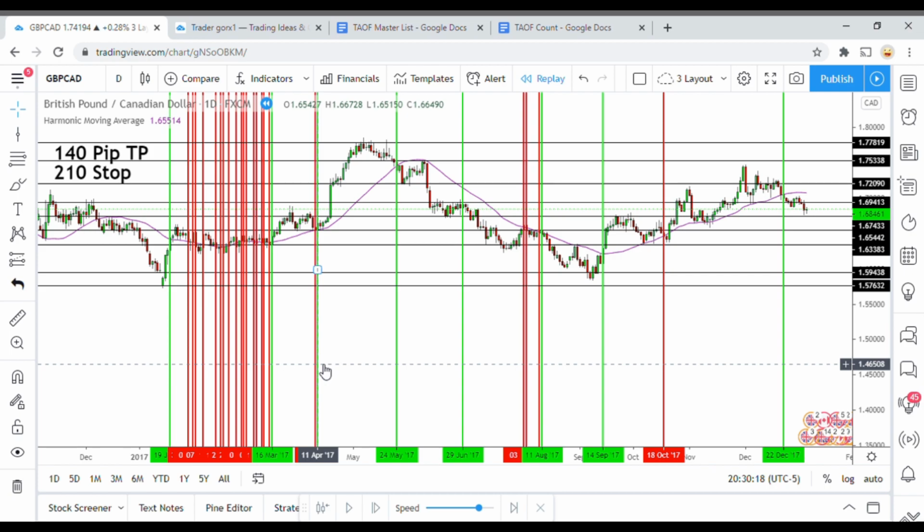So we have 30 trades all together, and we have 1, 2, 3, 4, 5, 6, 7, 8 winning trades. So obviously that is nowhere near the 60% that we needed out of this indicator.